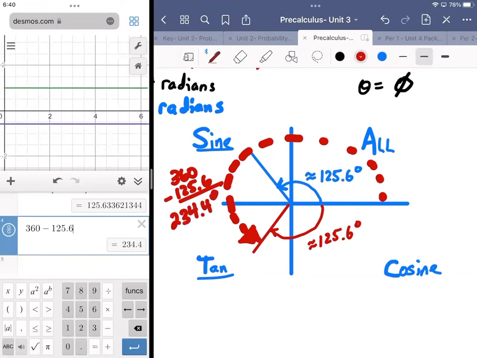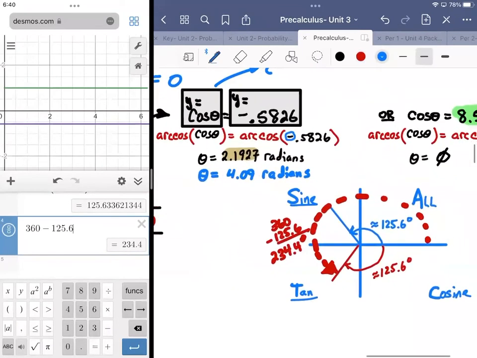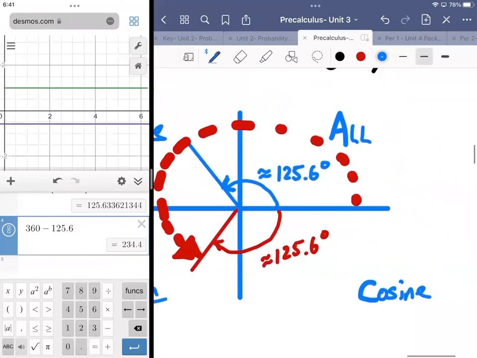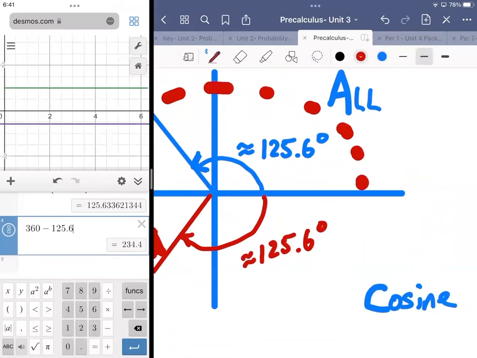But then I would have to convert that over into radian measure, right? So alternatively, what you might say is, well, we know that this 125.6 degrees was about 2.193 radians, right? So this is about 2.193 radians.